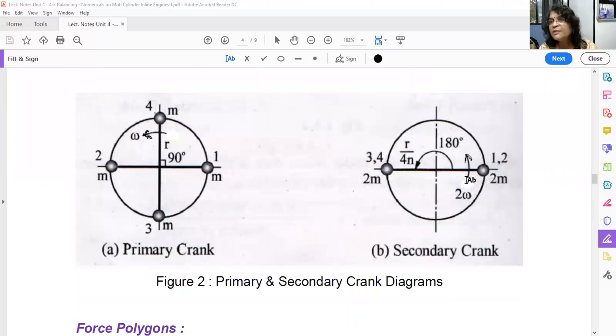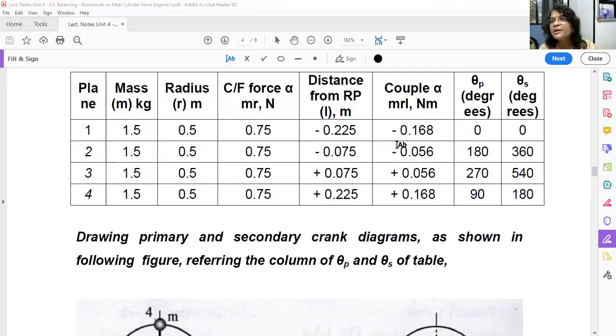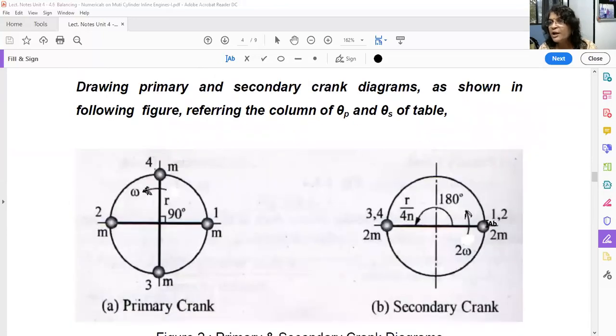Now see, for cylinder number 1 and 2, it is negative couple. See here, it is negative couple. And you know, as these are falling on right hand side, positive couple would have been on right hand side for 1 and 2 both. So negative couple will be towards left for both cylinder 1 and 2. And for 3 and 4, it will be positive, so it will be acting towards left only, that is outward.